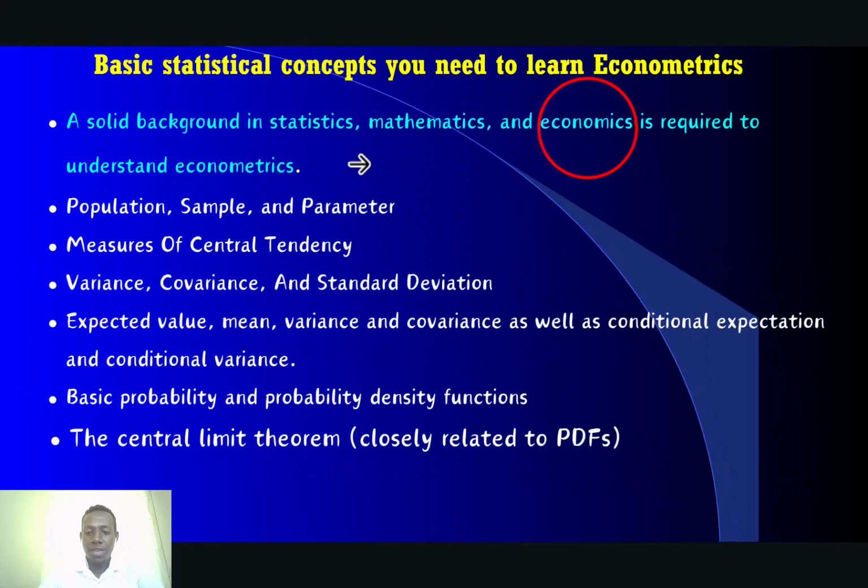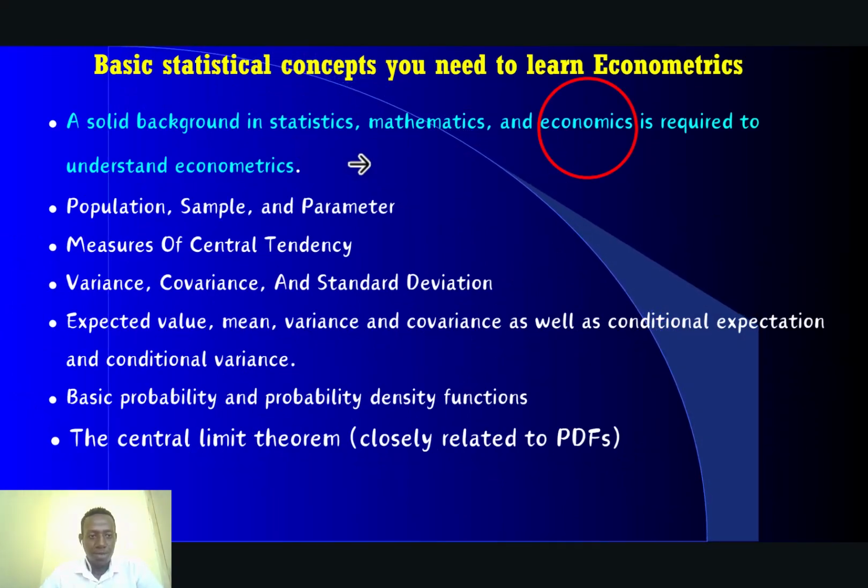So students, we need to have some basic statistical concepts to learn the course econometrics. Actually we will define later, in chapter 1, what the term econometrics means. It's actually measuring variation or relationships between variables or economic variables, because the eco stands for economics.